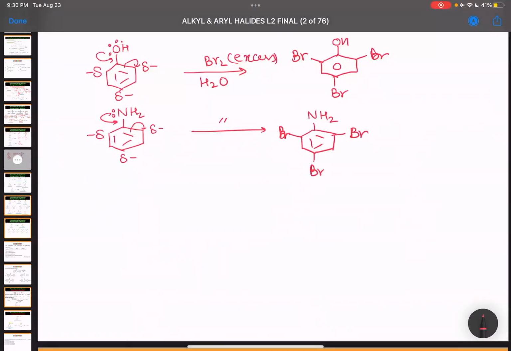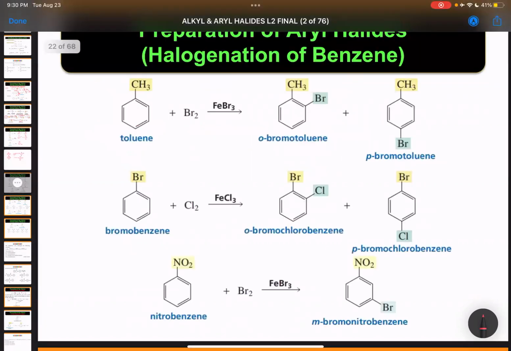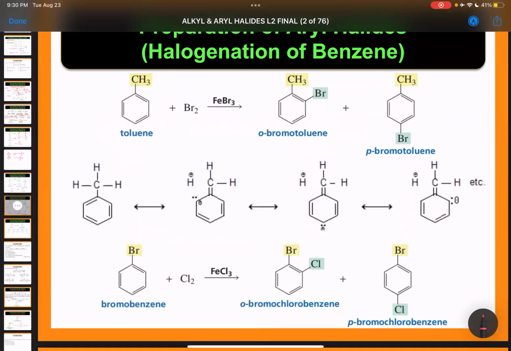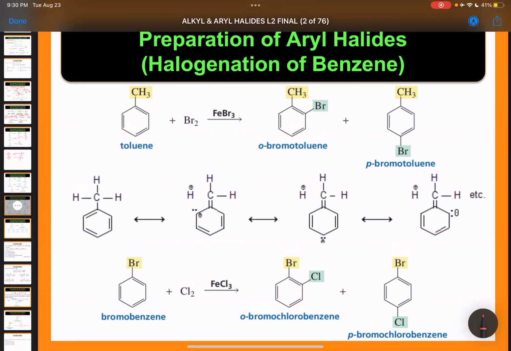So this aniline and hydroxyl group, will they donate or withdraw, sir? They donate. And how they donate, if you want to understand it, let me show you the structure. Methyl is a donating group, and how does methyl donate? Actually, this CH electron density gets into the benzene ring.